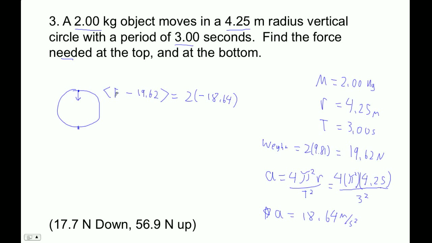And then we can solve that. So I'm going to go 2 times negative 18.64 plus 19.62, and I get negative 17.66.